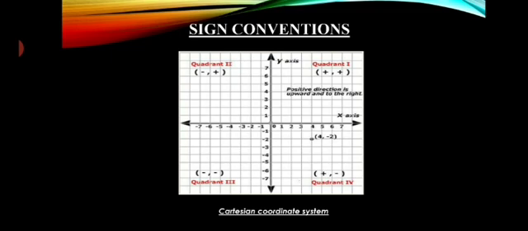In the third quadrant, both x and y components are negative, whereas in the fourth quadrant, the x coordinate is positive and the y coordinate is negative. Now, how will we take into consideration the lens and the image distance, object distance here? Let me show you.